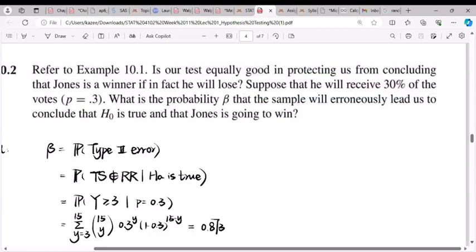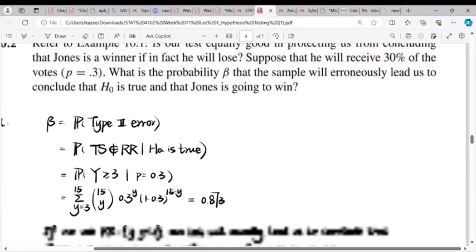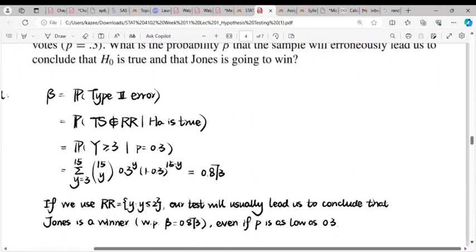So to compute the probability of type 2 error, I'm going to write beta. I told you the other time that we use beta to denote the probability of type 2 error. What do we actually mean?